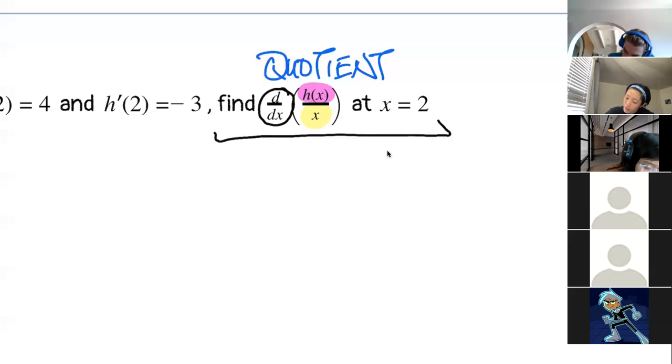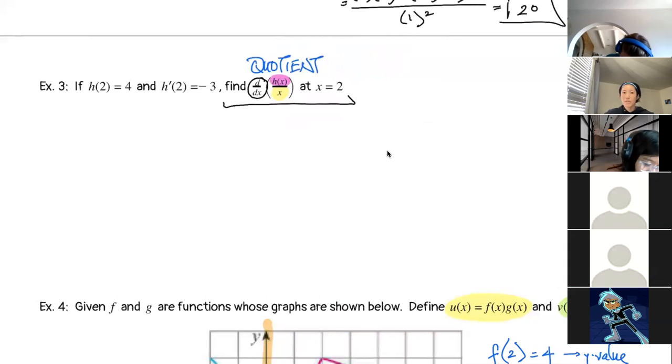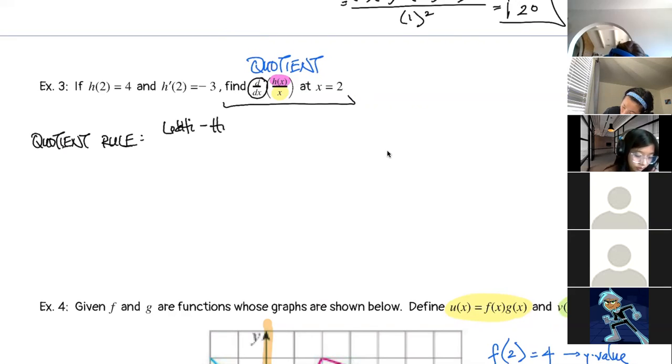Okay. So I know some people are like, do I have to write out the rule every time? I mean, you don't have to, but I find it helpful to have something on paper rather than nothing on paper, right? So if I were to write out the general quotient rule, I might write that we have low d high minus high d low over low low.